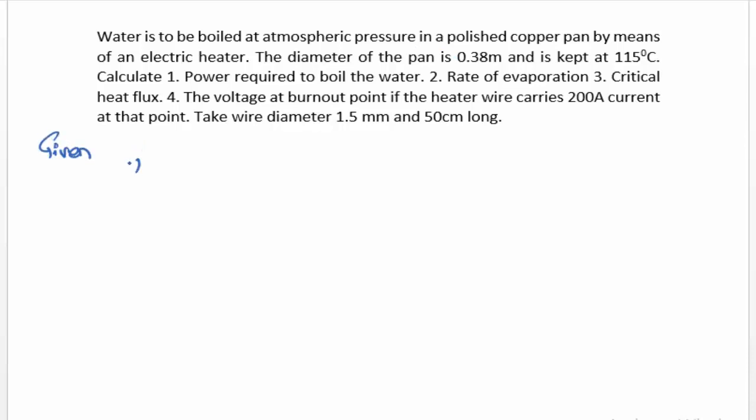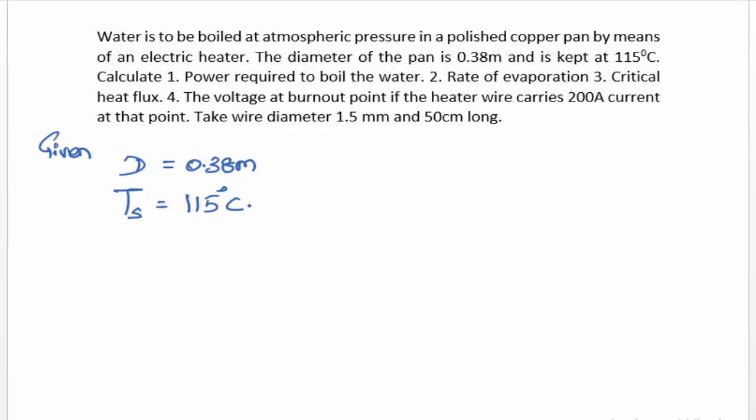Given the diameter of the pan is D equal to 0.38 meter, and it is kept at 115 degrees Celsius. So this is your surface temperature Ts equal to 115 degrees Celsius, and you are asked to find out the power required to boil the water. Second one, rate of evaporation, that is m dot.